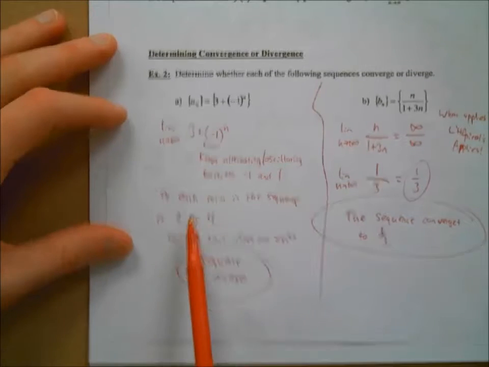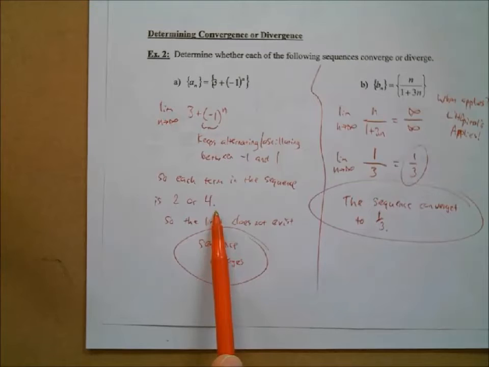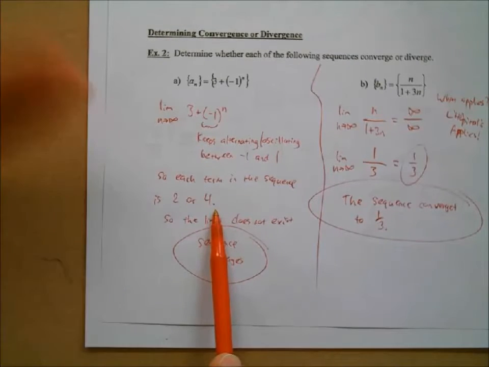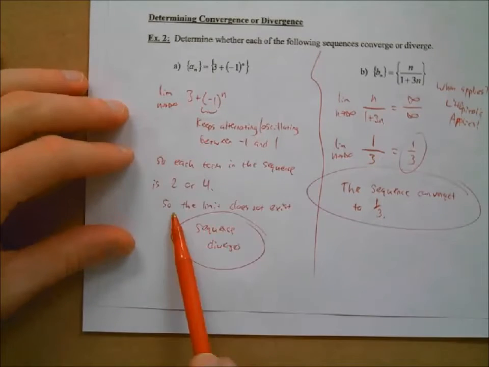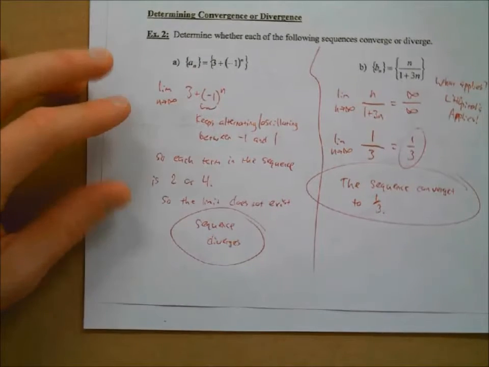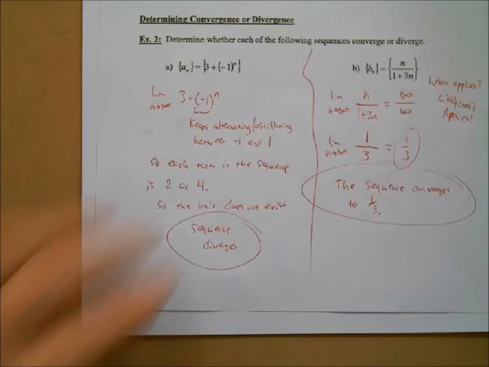So each term of the sequence is 2 or 4, so then what does that approach? Well, it's going to be 2 or 4, but since we can't ever determine which one it ultimately will approach, the limit does not exist, the sequence diverges. So in other words, the sequence does not need to go to infinity in order to diverge. It could just oscillate or jump between two numbers, and then again, we wouldn't be able to identify a single number that it approaches. And so we say the limit does not exist, and therefore the sequence diverges.